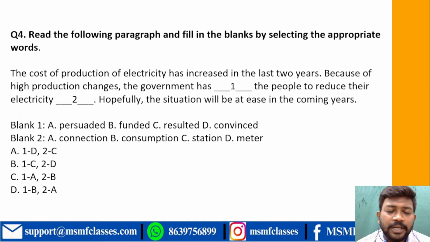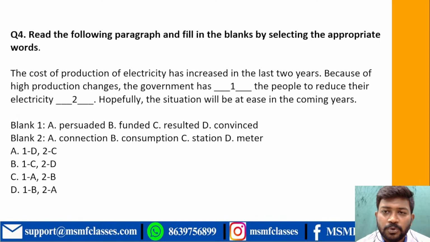Now read the paragraph and try to fit the blanks by using the words which are contextually fit for the paragraph. The cost of production of electricity has increased in the last 2 years because of high production charges. The government has dash the people to reduce their electricity dash.